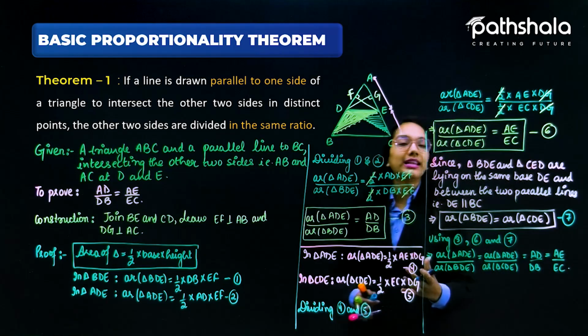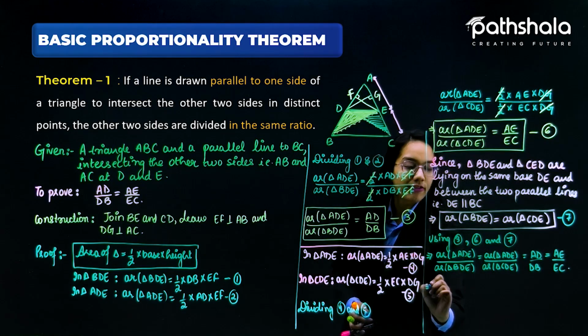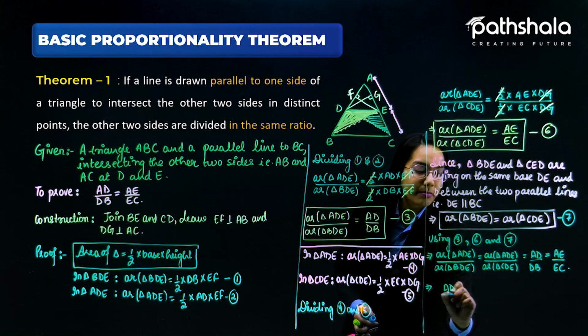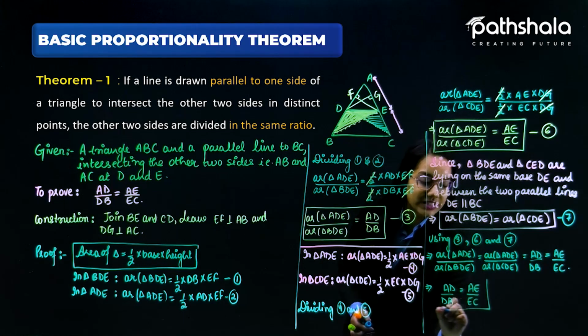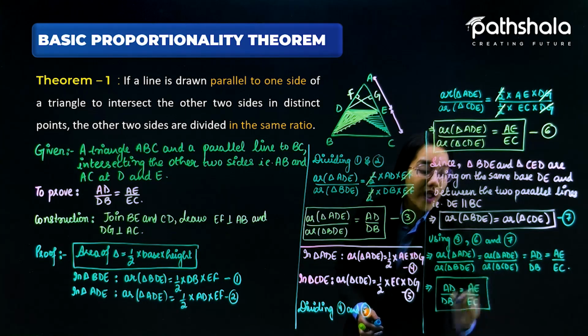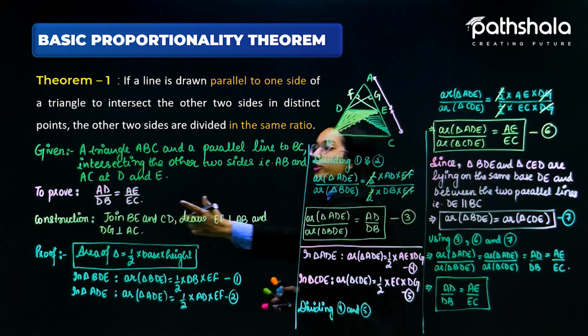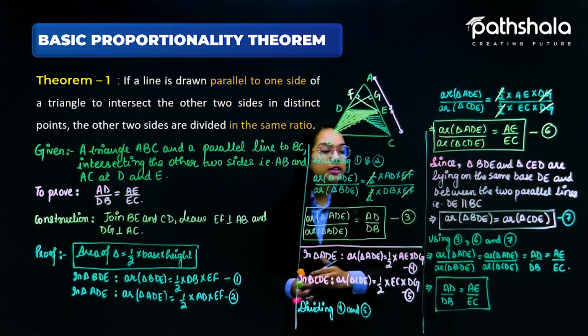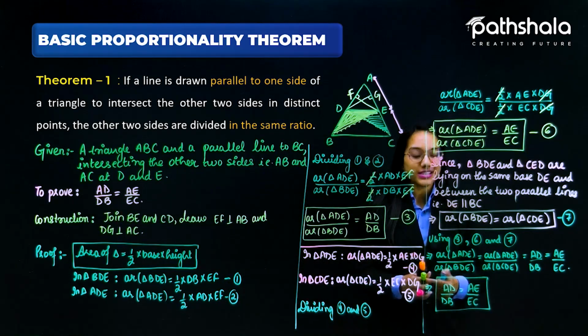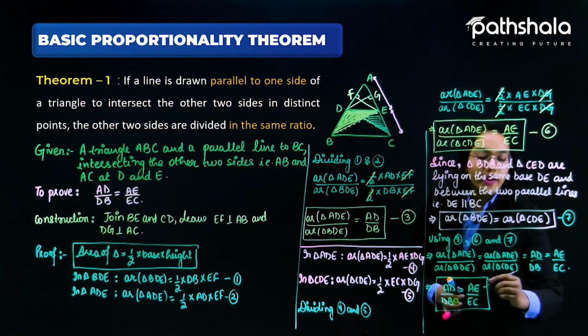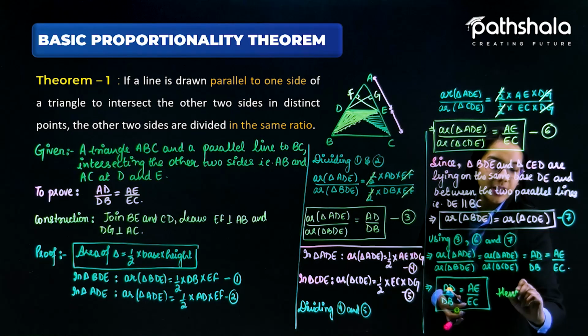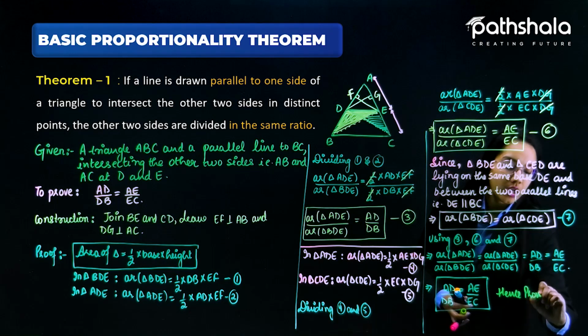So at the end, what have we concluded? We have concluded that AD by DB is equal to AE by EC, and this is the thing that is required to prove, because we just wanted to prove that AD by DB is equal to AE by EC. Hence proved the theorem.